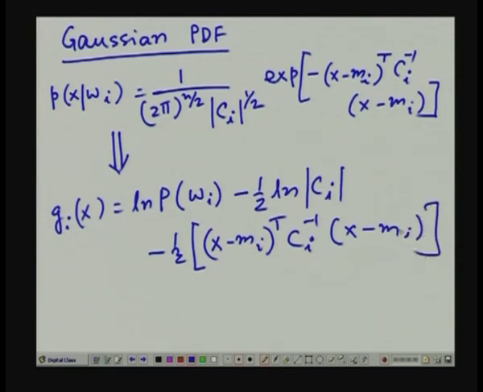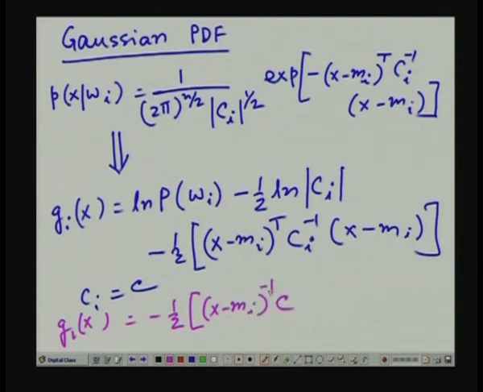If we make a few further simplifications, that the covariance matrix for all the classes is the same, that is C i equal to C, and all the classes are equally probable, then g i of x simply becomes minus half (x minus m i) transpose C inverse (x minus m i).